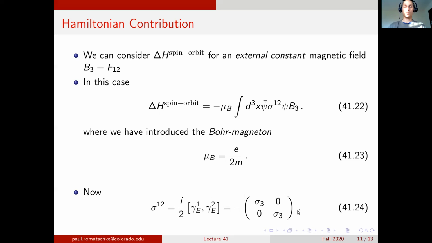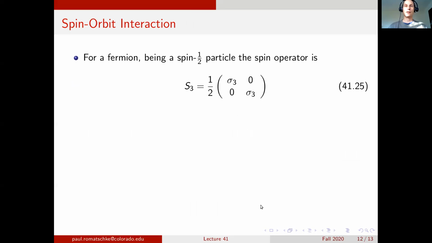So this 4 by 4 matrix is block diagonal, and it is proportional to sigma 3. Sigma 3 is essentially part of the spin operator. For a spin 1/2 particle, the spin operator S3 is given by this matrix with a prefactor of 1/2, so that the operator has the correct eigenvalue for a spin 1/2 particle.